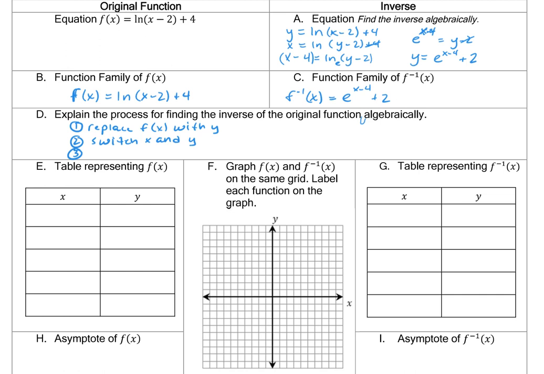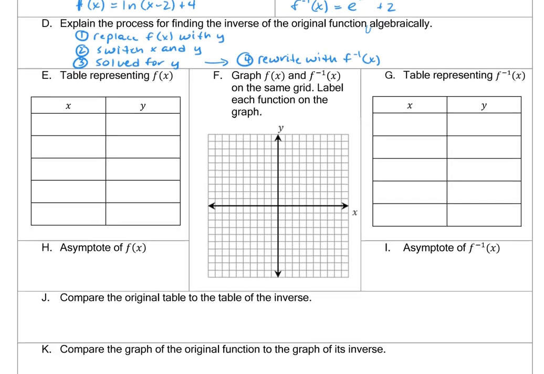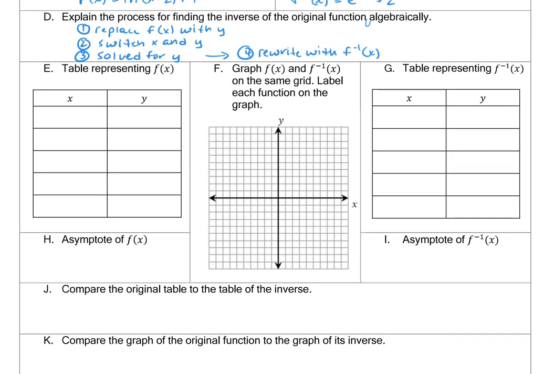And then we solve for y. And then really we rewrote with the function notation. Okay? So we're going to take that and we are going to make tables representing both of those.